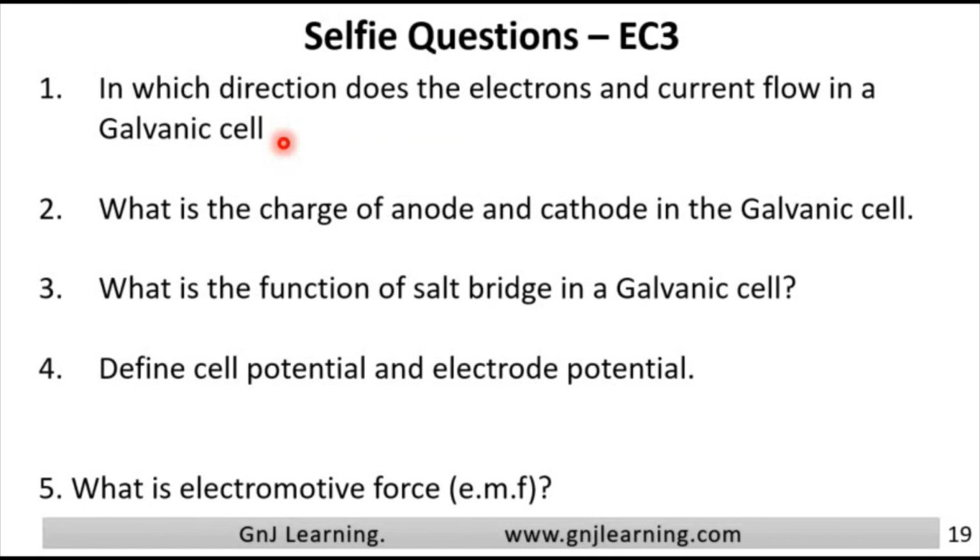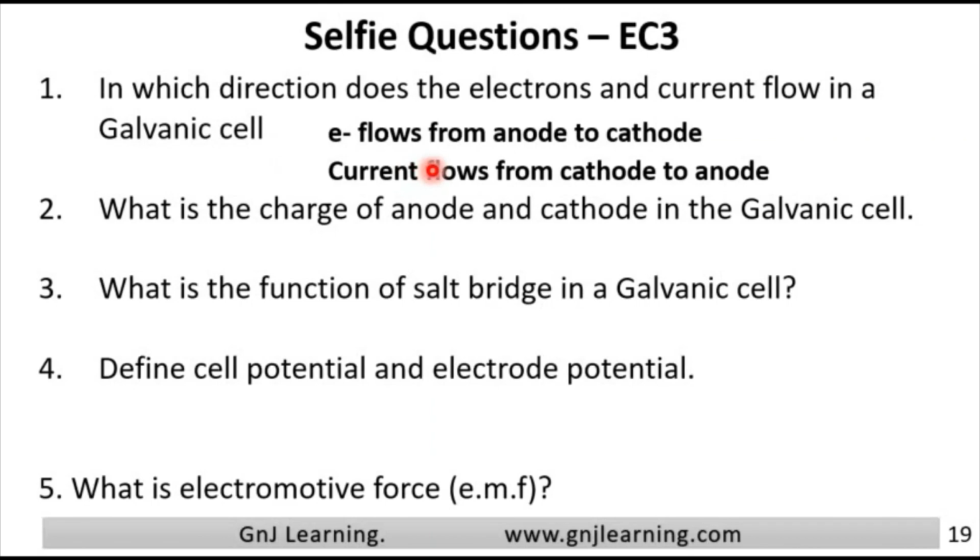As we have already learned, in a galvanic cell, electrons flow from anode to cathode, whereas current flows from cathode to anode. Why? Electrons flow from the electrode with lower potential, the anode in the case of a galvanic cell, to the higher potential, the cathode.